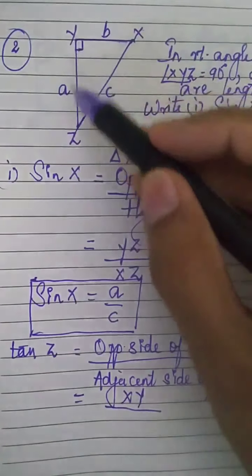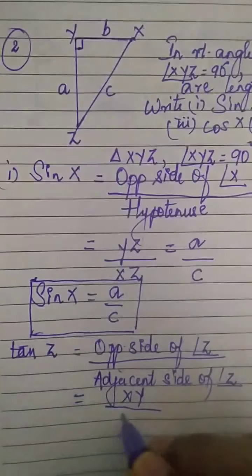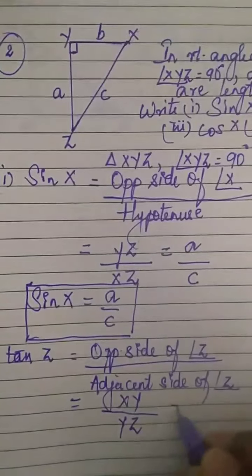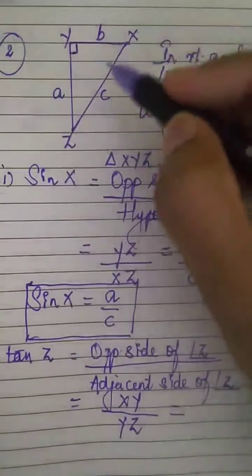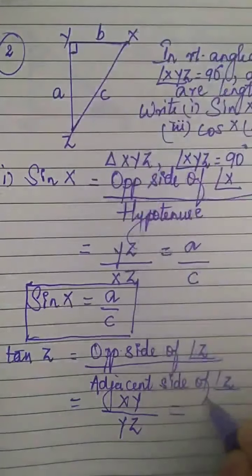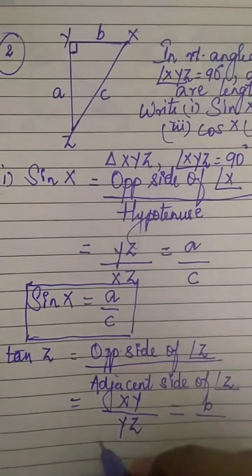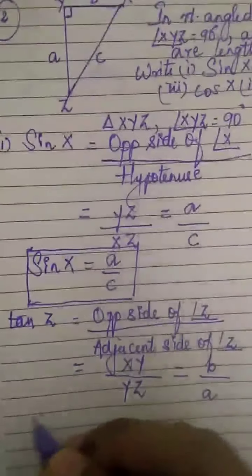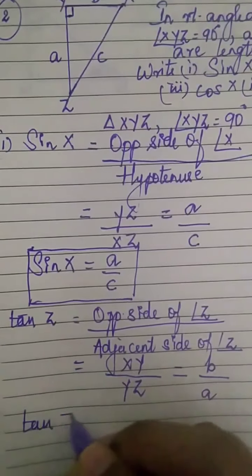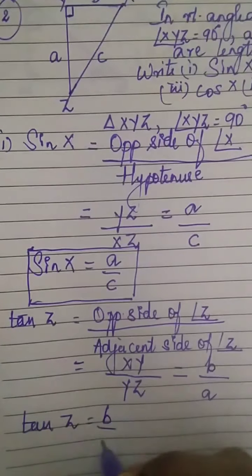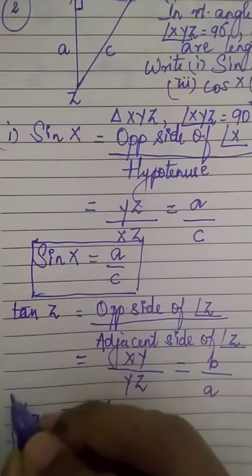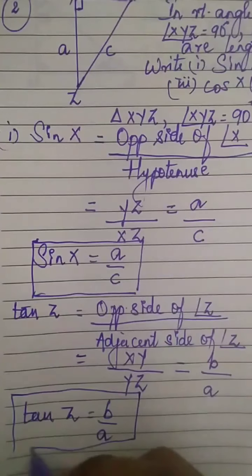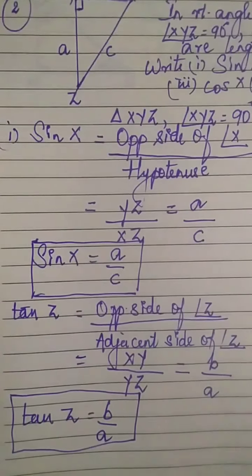So the adjacent side is YZ. XY is B, and YZ is A. So the ratio tan Z is equal to B upon A. All this you have to write, and write the final answer this way.